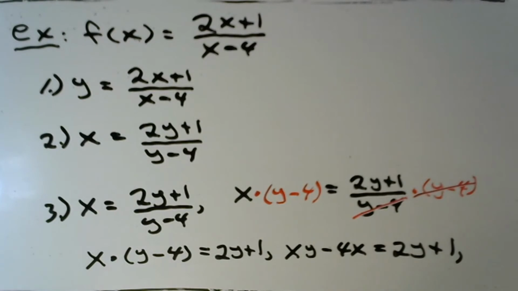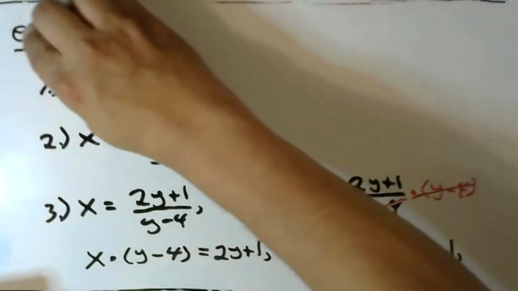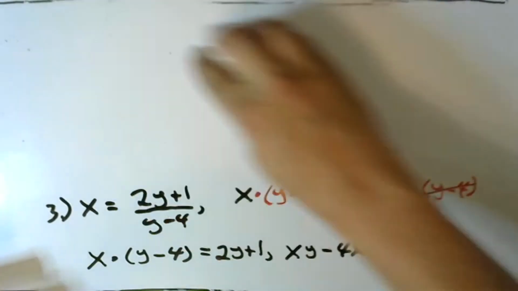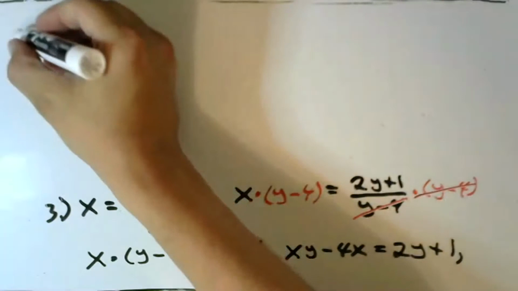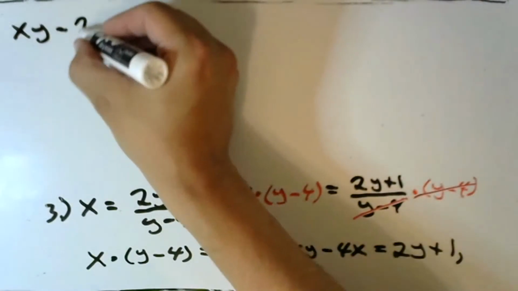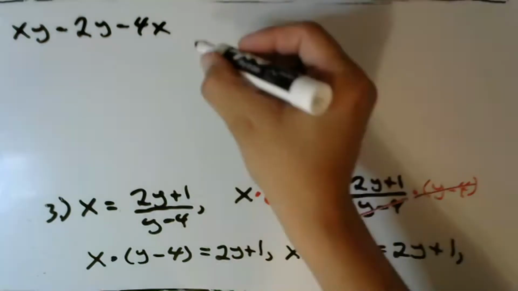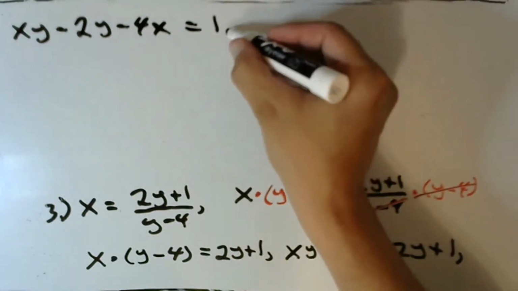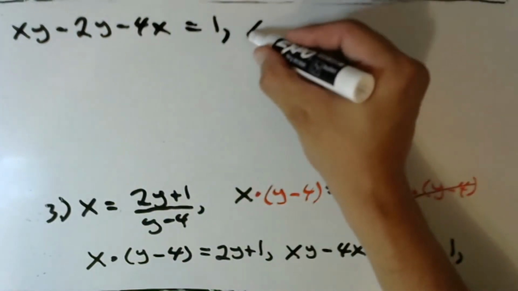So what we want to do is get the y's on one side. So I'm going to subtract 2y from both sides. And then add 4x to both sides.